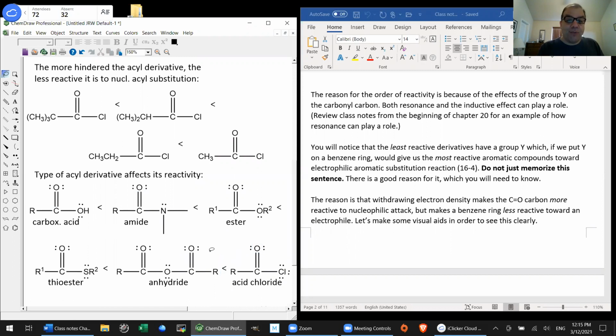And the reason why I think it's important for you to know is that it will help you understand this material better. And so that's why I even said here in your class notes, don't just memorize that sentence.